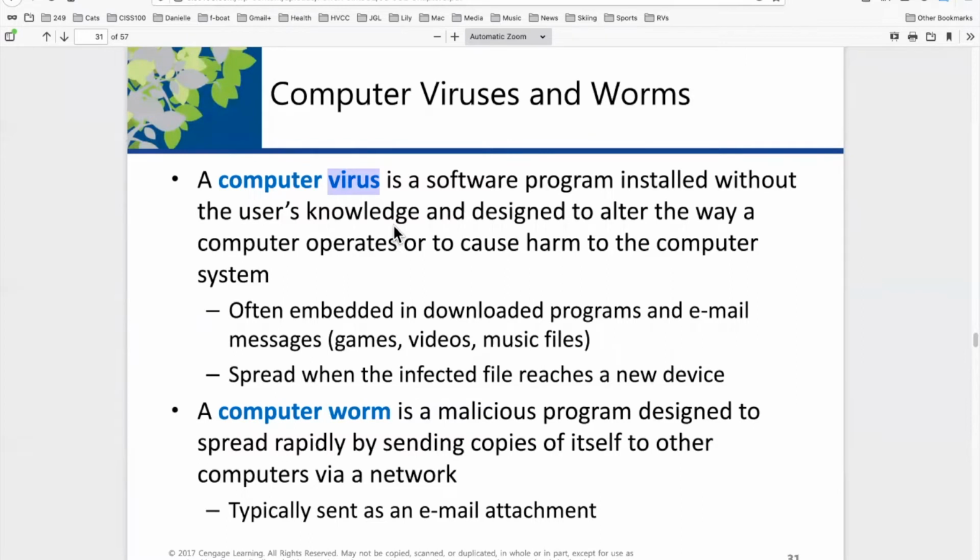So of course you can get them through an email attachment. You can contract a virus if you download a file. That file may have an attached virus. And viruses can be very pernicious. They can change their form. They can be polymorphic, so they're very difficult to identify. And we'll look at that in just a minute.